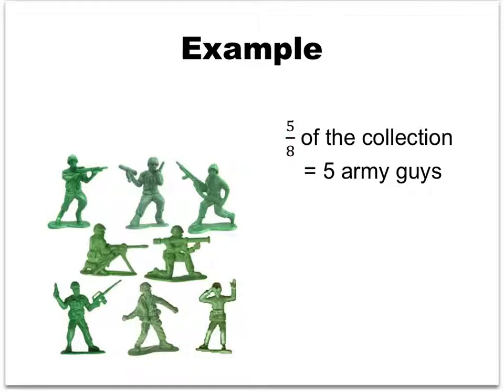That's our denominator. And the numerator 5 says that we're going to select 5 of those pieces. So maybe we'll select these 5 army guys right there. So those 5 army guys is 5/8 of our collection. Now there's no reason why I had to select those 5 specific army guys. I could have selected any 5 of them, but 5 army guys equals 5/8 of our collection.